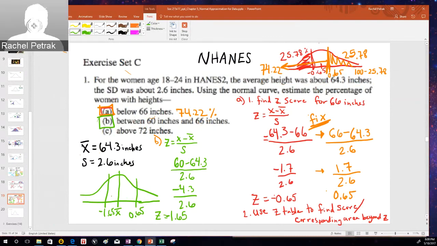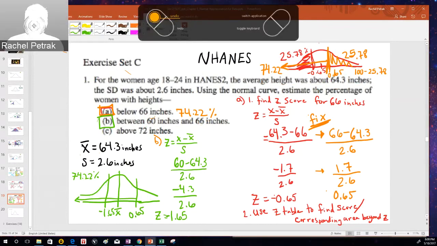So if we know that this whole area here is 74.22%, then we can just find the area beyond z for a z-score of 1.65. That is the area down here.